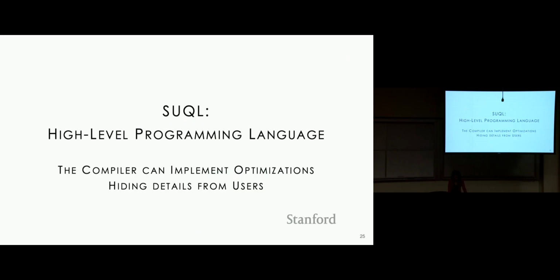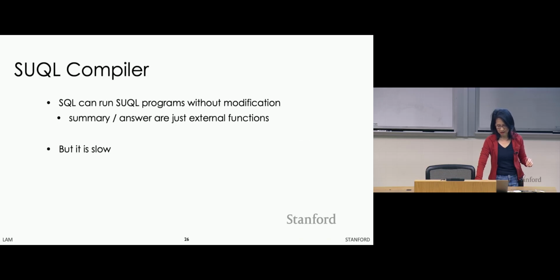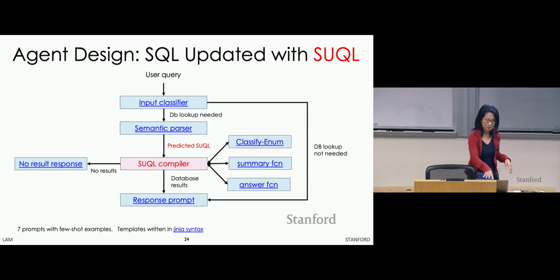So, once you have a language, the compiler can hide the details from the users. The implementation of this agent is still a few-shot prompt for the semantic parser.